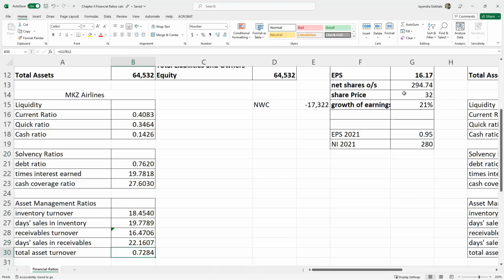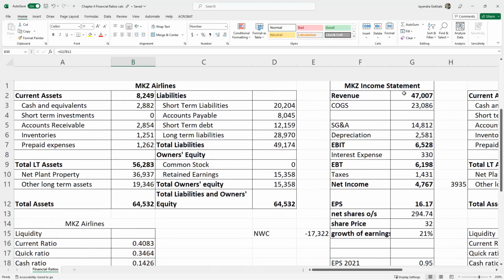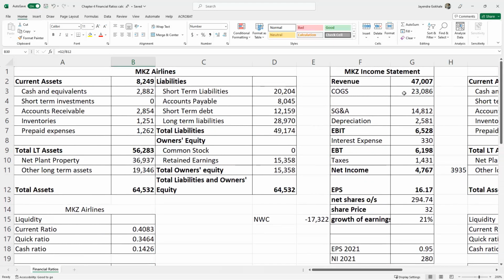Finally, the total asset turnover for the larger MKZ airline is 0.72. Now, again, this is a very relative number. We have a large amount of total assets, the aviation industry being a capital intensive industry. It is expected that the total assets for airlines are large. So the revenue that is churned over is only 47,000 per year, but the total assets are 64,500.